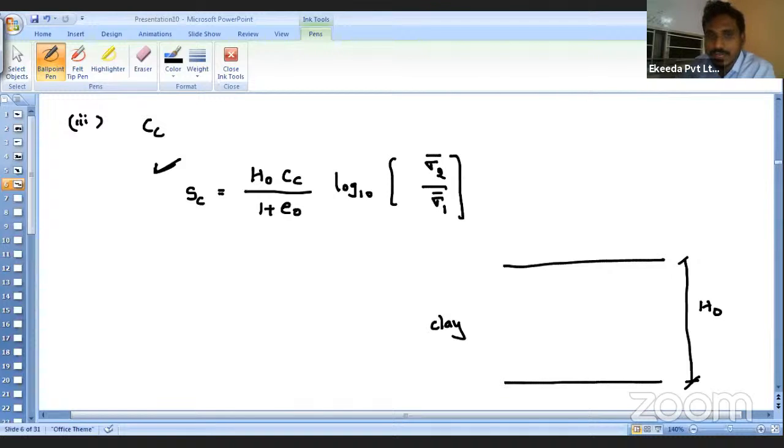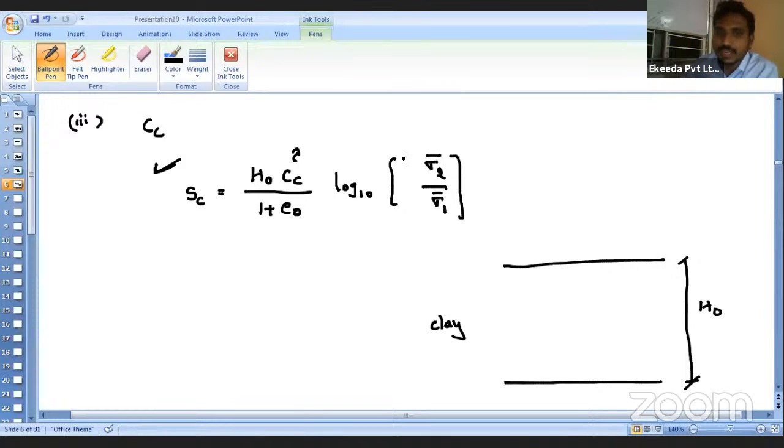If you know the liquid limit of the soil, it is 0.007 into (WL minus 10), or 0.009 into (WL minus 10). This is another equation for compression index. If you know the liquid limit, we can find Cc. Then e naught is the void ratio in the initial condition.